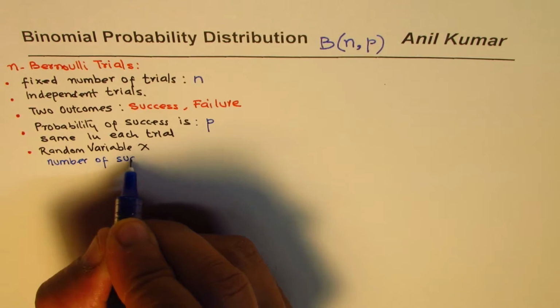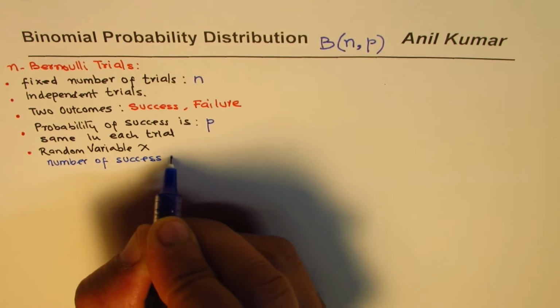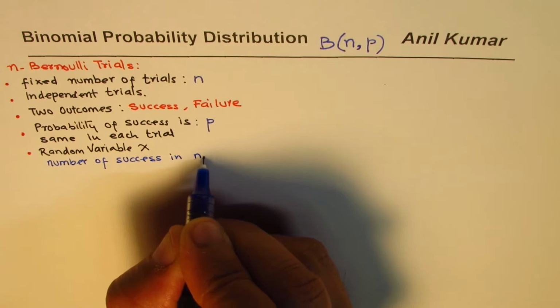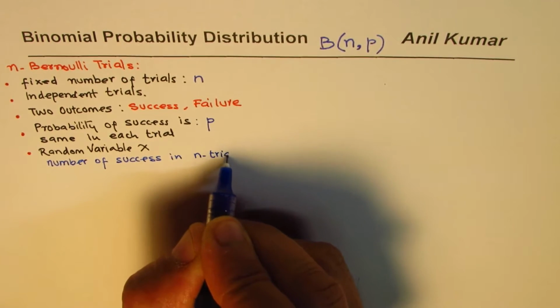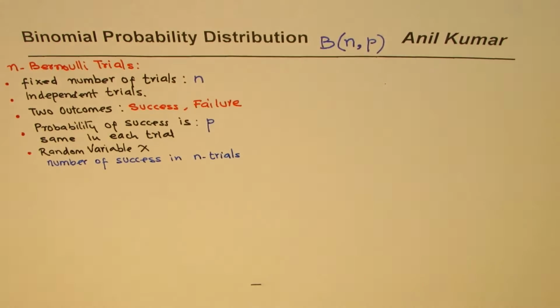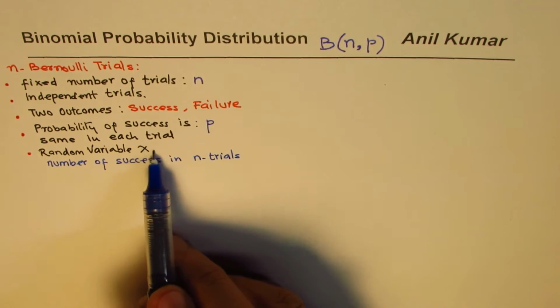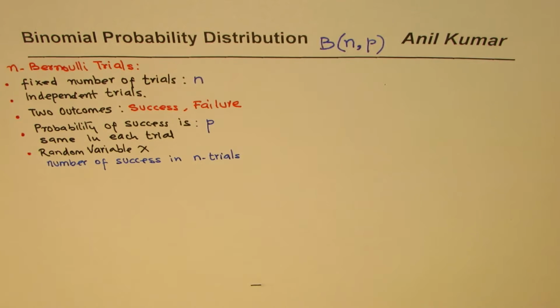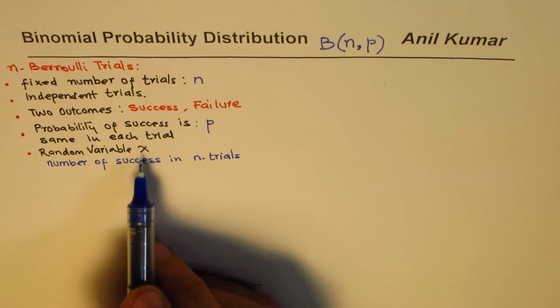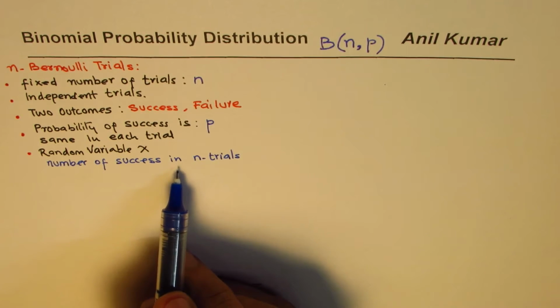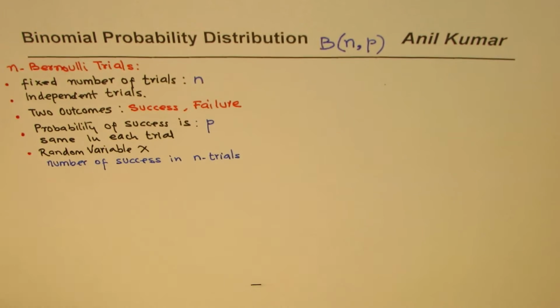So let us say we toss a coin 10 times and we're looking for 7 successes. In that case, this variable will have a value of 7. So it is always a real number, and it represents the number of successes in n trials.